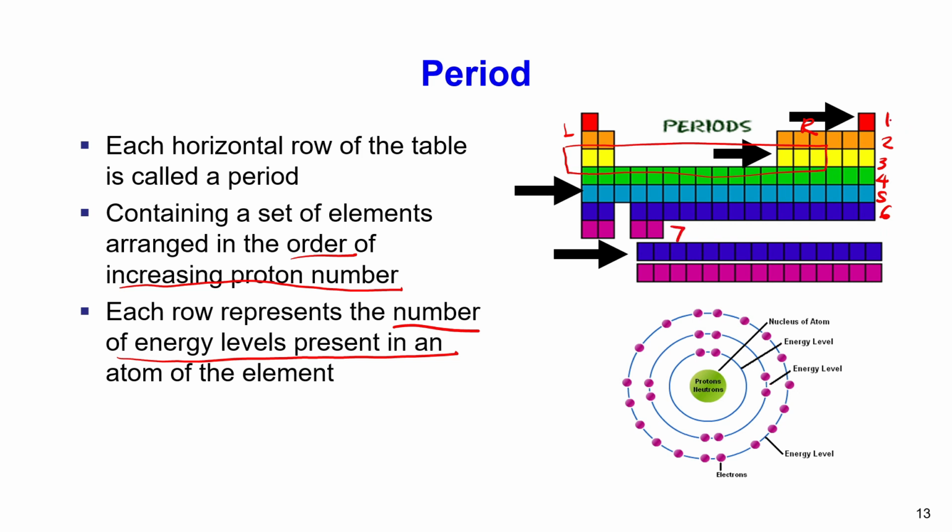So 1 represents n equals 1, or principal quantum number n1. This one n2, second level of energy, or principal quantum number n equals 2. So that means each row represents the number of energy levels in an atom.